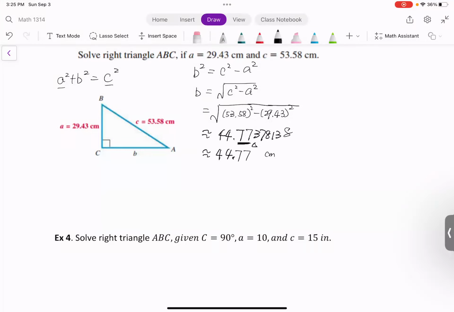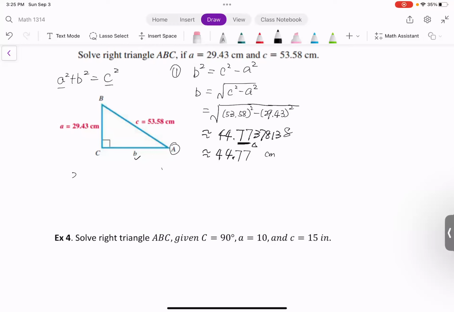How about other missing information? B has been solved. How about angle A? We have 3 sides. If I'm looking for the sine of A, that's opposite over hypotenuse. The opposite of A and the hypotenuse are both given.